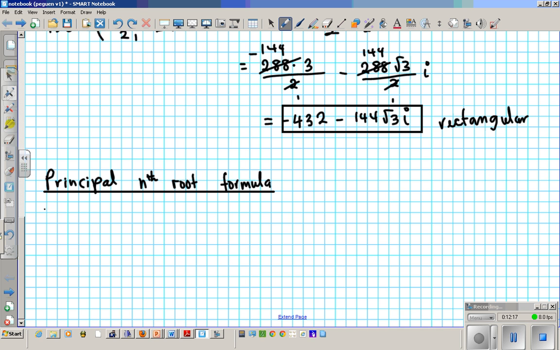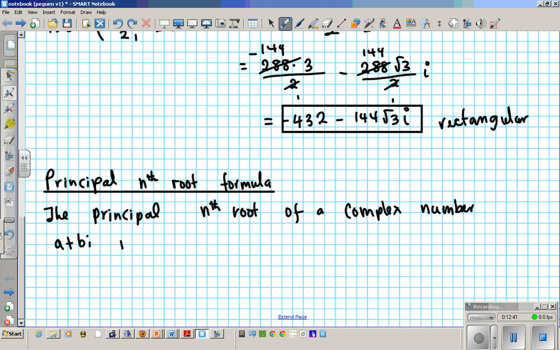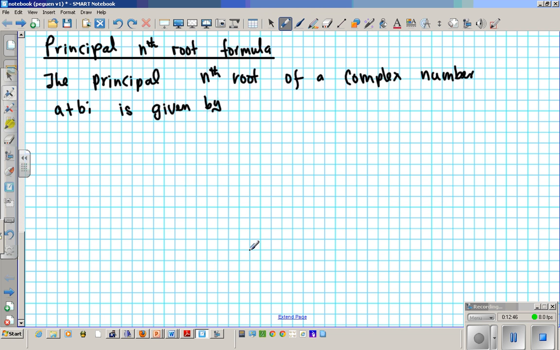It says the principal nth root of a complex number a plus bi is given by, so let's say we want to raise it to the nth root, 1 over n.